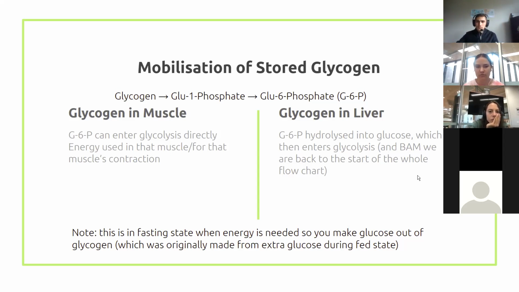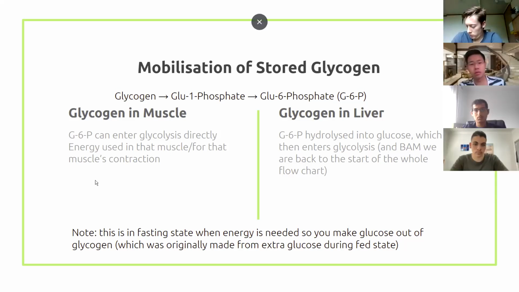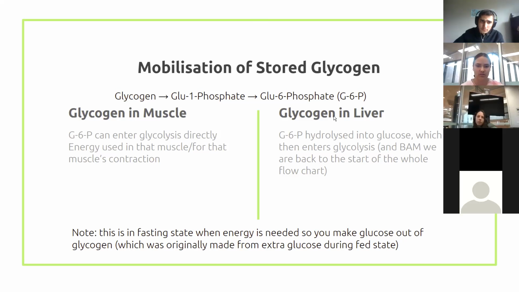So how we got the glycogen in the first place: you'll go through it more, you have a bit, but essentially, when you have spare glucose, it can be made into glycogen and you have extra energy. And now we need it because we're in the fasting state. So let's make it back into glucose. So firstly, the equation at the top is really important. It goes from glycogen to glucose-1-phosphate or G1P into G6P.